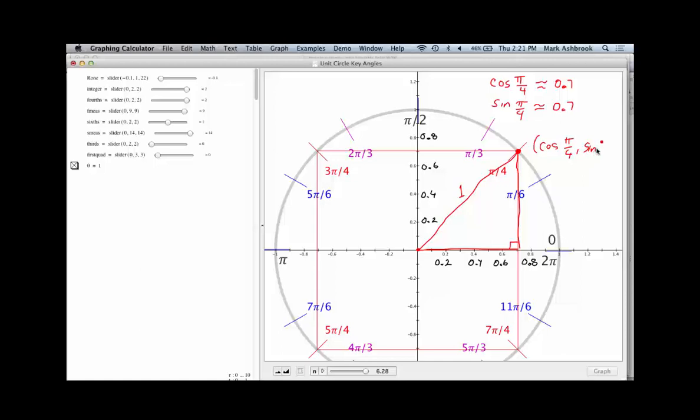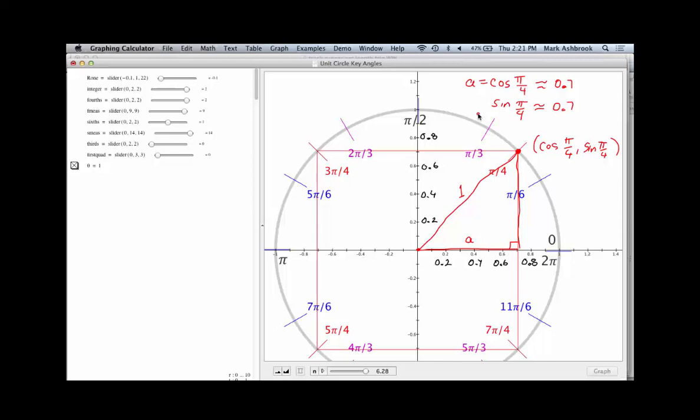What does that x coordinate have to do with the triangle? That would be the base of the triangle. He's saying this is the x coordinate, the base. So we could label it cosine pi over 4 because that's what it is, or we could just call it a, because it's easier. So our a is cosine pi over 4.